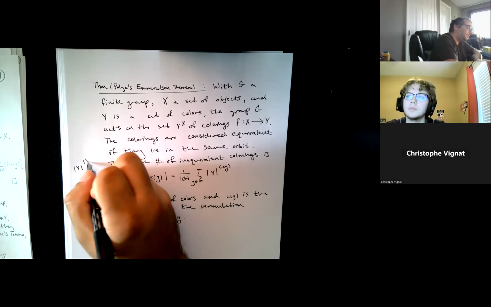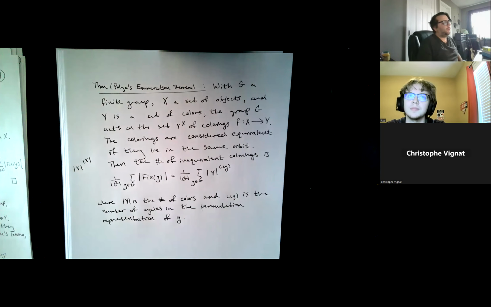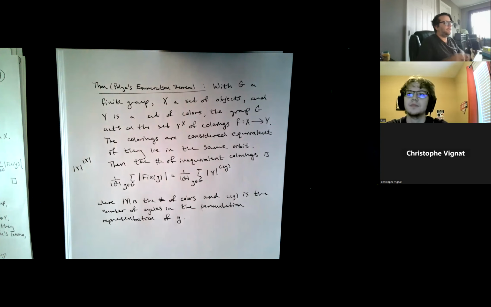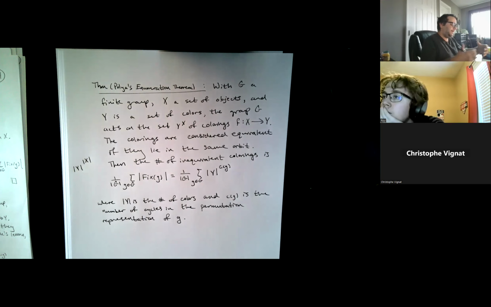Well, it's the order of Y to the order of X, right? But I want to exclude colorings that are equivalent to each other, right? So all I need for a valid coloring fixed by g is for the map to be constant on a cycle.